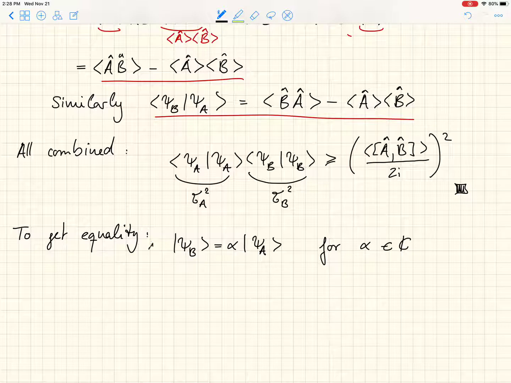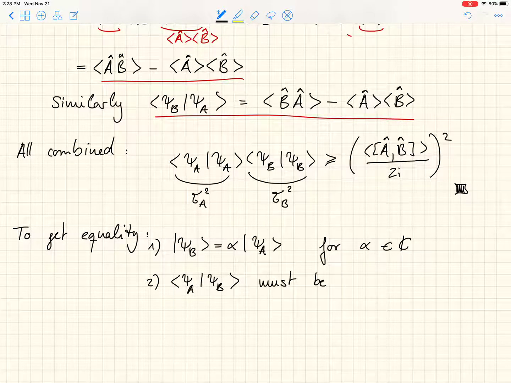But then second, we need that our number z, which is the inner product of psi_A and psi_B, must be purely imaginary.